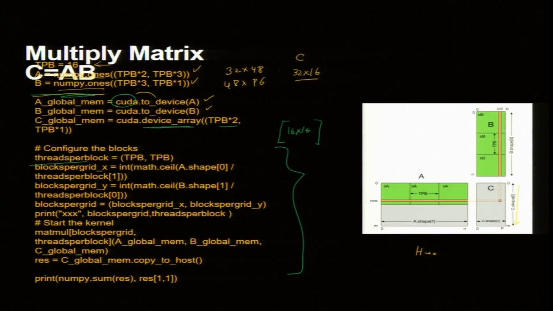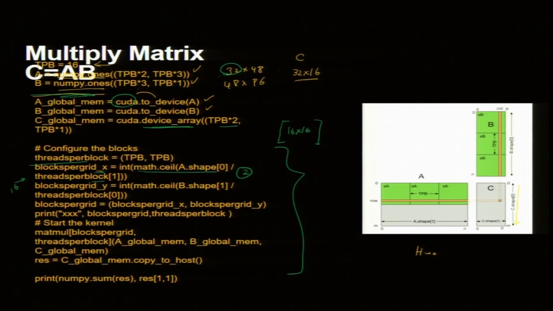Now, I also want to make the grid. Grid X is A shape 0 divided by threads per block. A shape 0 is 32, so 32 by 16 will be 2. Along Y, it is B shape 1 divided by threads per block.